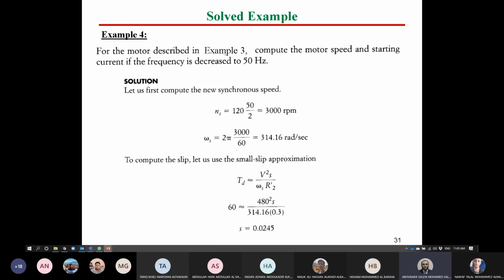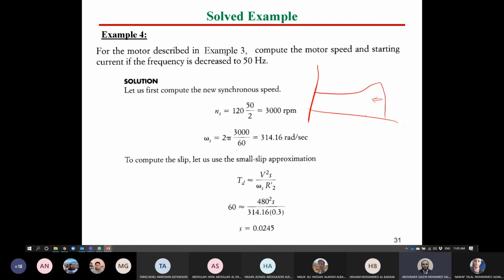Right. So now, Shabab, if the frequency is decreased, what will happen? We have many parameters. As we discussed before, assume this is the natural characteristic of the induction motor. If we reduce the frequency, we expect the characteristic will move in this direction. NS will be decreased.